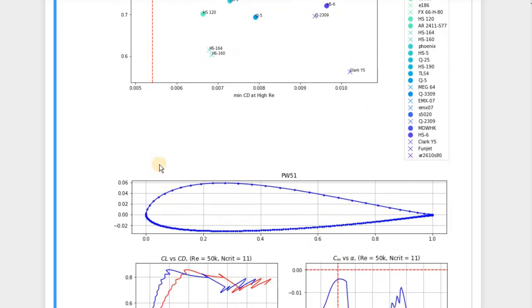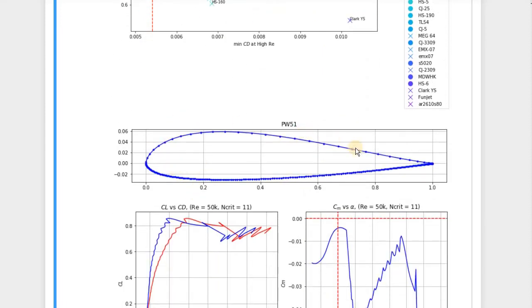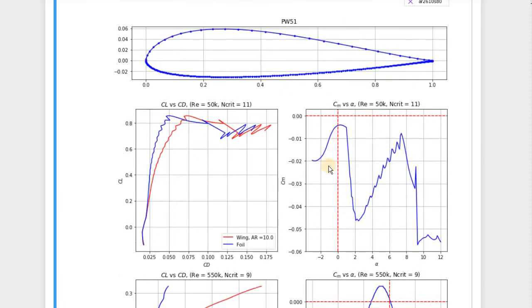If you look at the profile, it also has the S shape. The tail goes up a bit. And here are the moment curves. For the low speed, it has nice behavior, at least in a small range. It goes down, so you can fly it stable at small alphas at small speed, but at the high speed, at high alphas, it's not going to be stable.